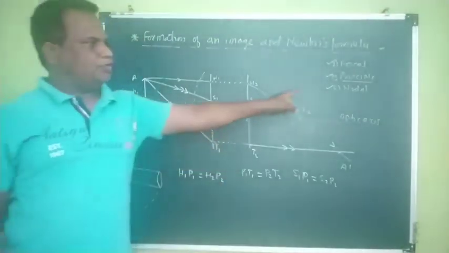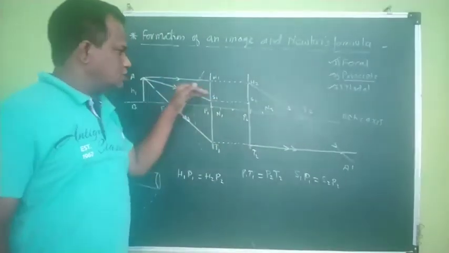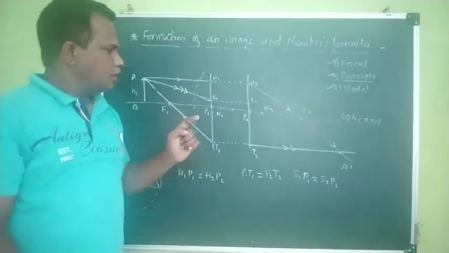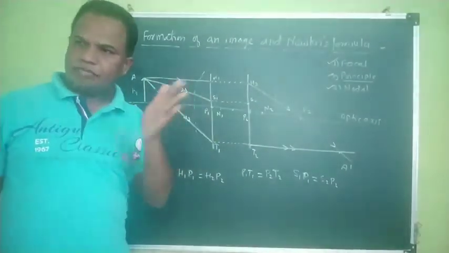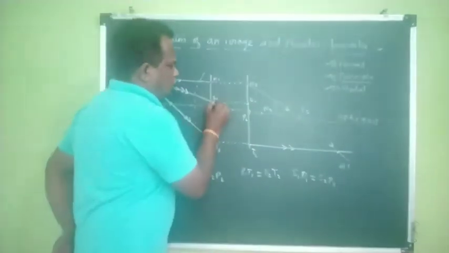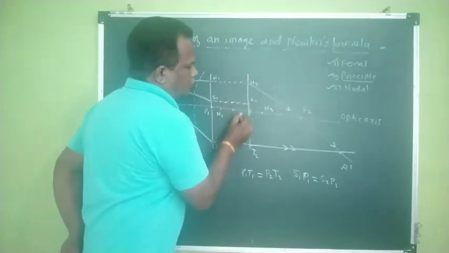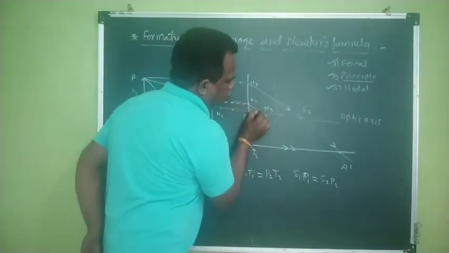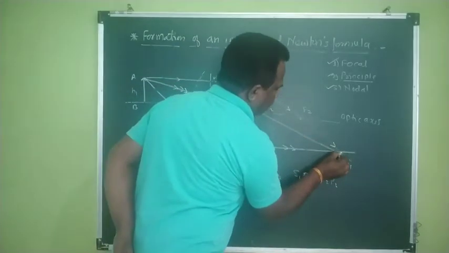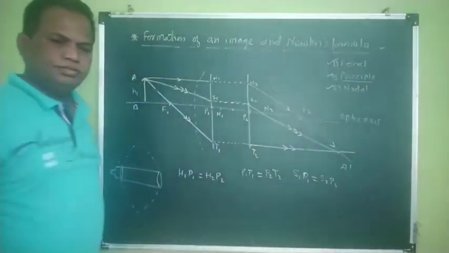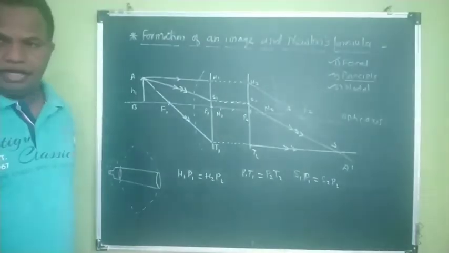That is the property of the principal plane: any ray incident on the first principal plane at a certain height, then its conjugate emergent ray will start from the second principal plane at the same height. So now its emergent ray will start from the second principal plane and go through the second nodal point and reach the point A dash.